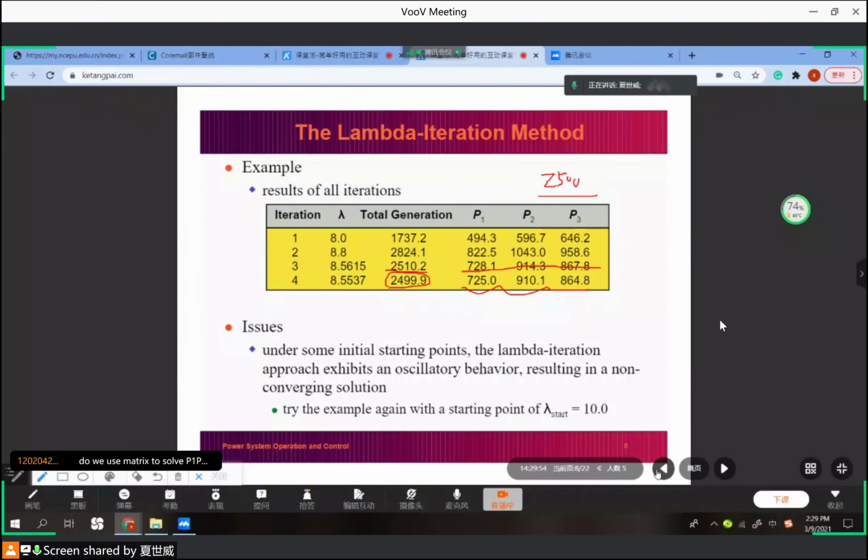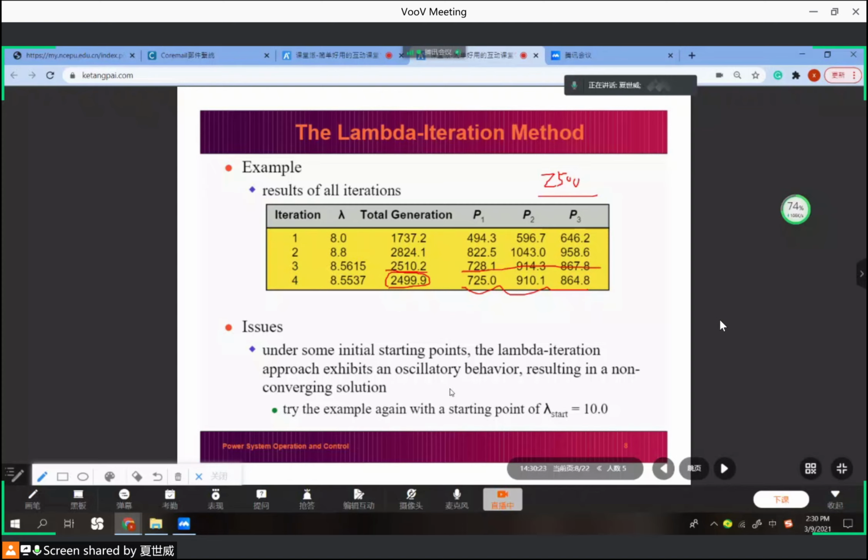Then based on the error and the lambda, you can get the new value of lambda using an extrapolation or interpolation method, and continue these procedures. You will approach the optimal solution. So that's the logic.